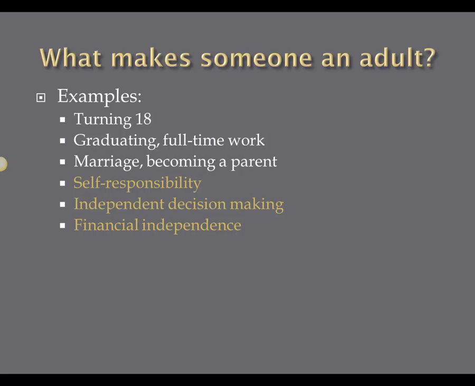So if you were to ask yourself right now if you were an adult, you'd have to be able to say yes, that you have self-responsibility, which means that you take care of all of your own decision making. You've chosen the major based upon your interests and not somebody else's. Independent decision making, meaning that the decisions you make you can fully support, whether it be financially or socially or with any of those other resources that are important to a lot of the decisions we make.